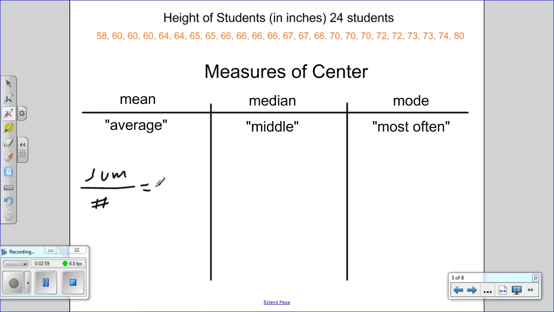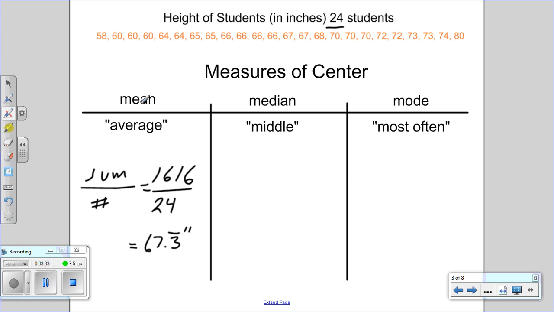So in this case, if I add up all these pieces into my calculator, I'm going to get 1,616, and there are 24 students. So I'm going to divide by 24 students, and if I put that into my calculator, we get 67.3 repeating inches tall. So we would say that the average student is 67 inches tall, and we refer to that as the mean. That's what we typically call the average.